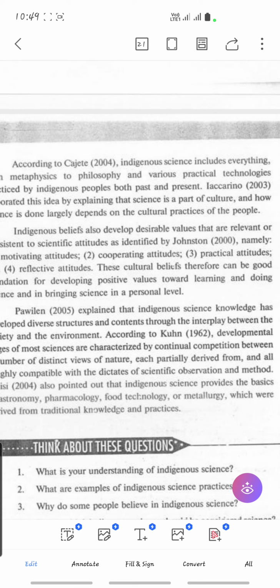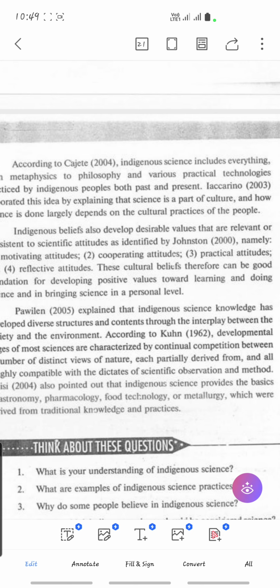Indigenous people, or those IPs. So meaning to say, it existed from past to present. It is moving forward, passing through from past to present. The ancestors gave indigenous science, or the way or process on how to do it, from generation to generation.